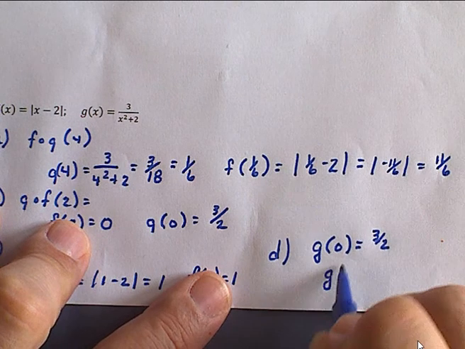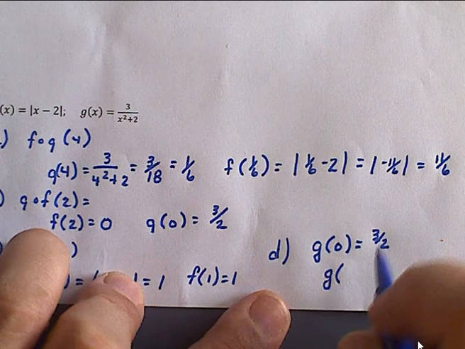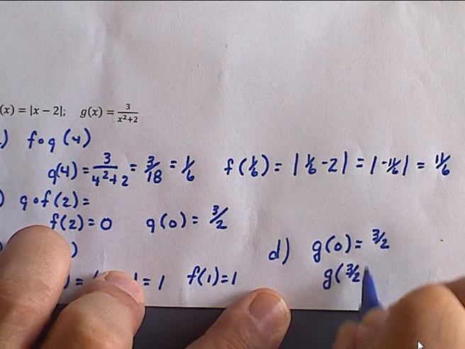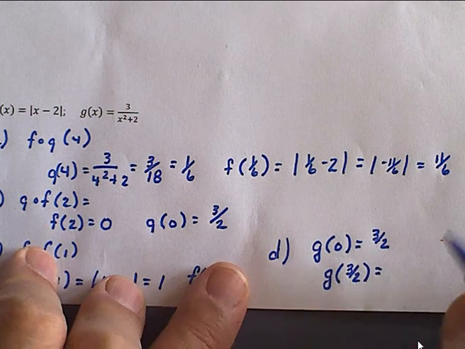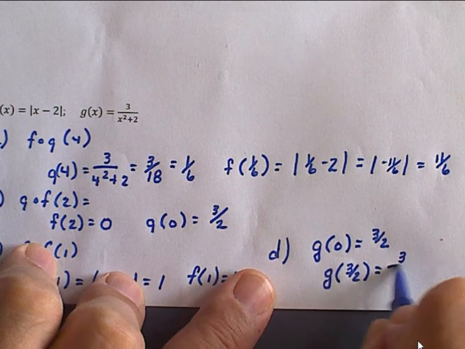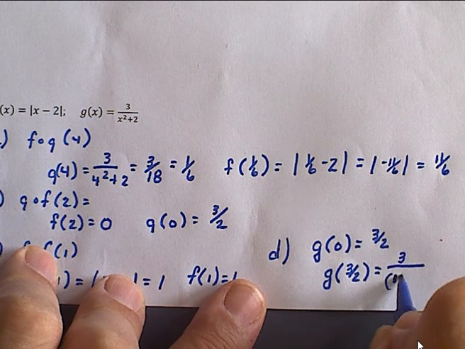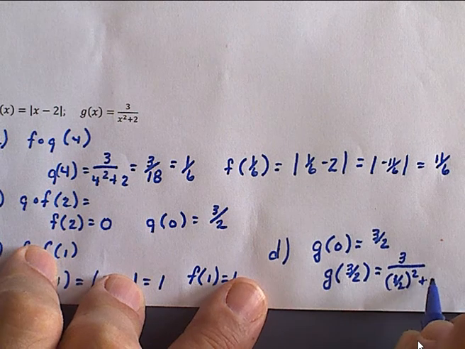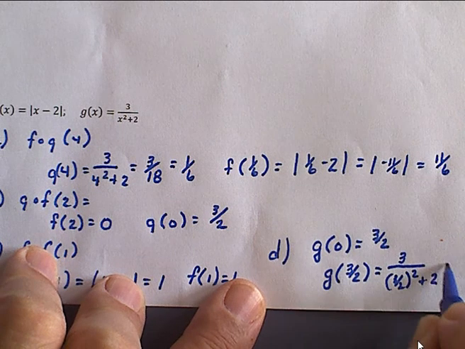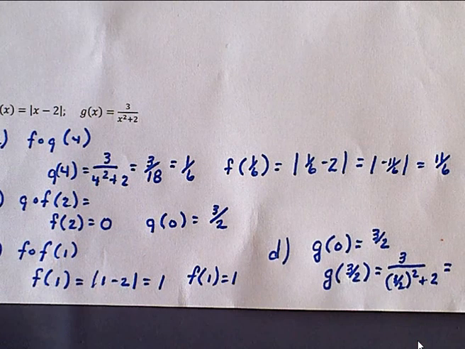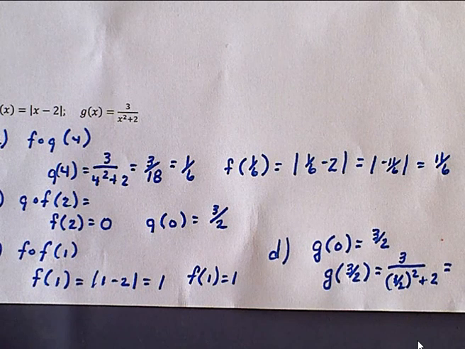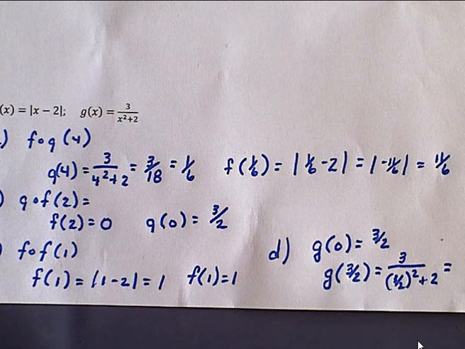You're not going to plug in 0 again. 3 halves is going to become 3 over 3 halves squared plus 2. And I'm going to get a little help from the calculator on that, do all that together.